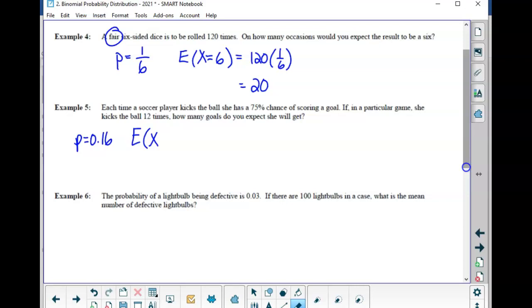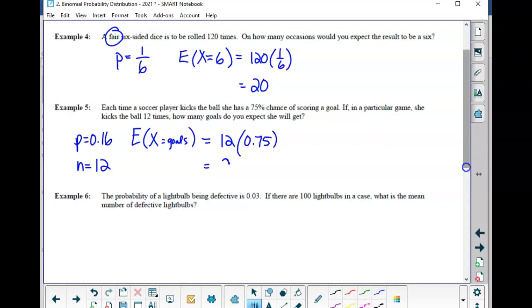X is the number of goals, right? So just leave it as x, because we're trying to figure out the number of goals that you would get. You could put x equals goals, I guess. And here n is 12. So it's 12 times 0.75, which would be 9 goals.